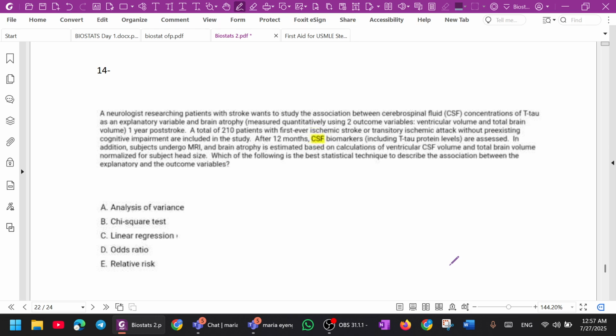In addition, subjects undergo MRI and brain atrophy is estimated on calculation of CSF volume and total brain volume normalized for subject head size. Which of the following is the best statistical technique to describe the association between the explanatory and the outcome?